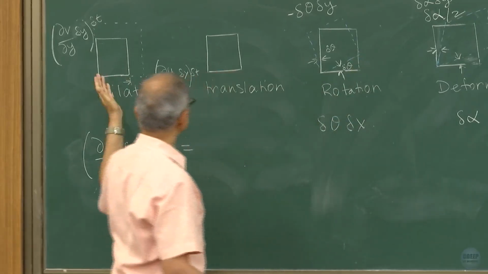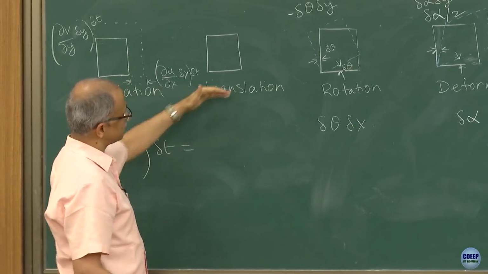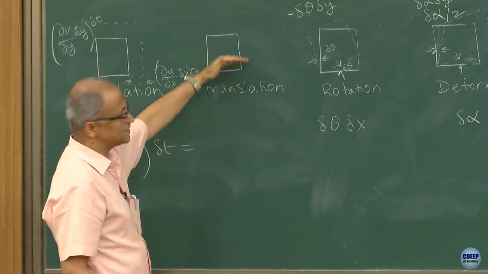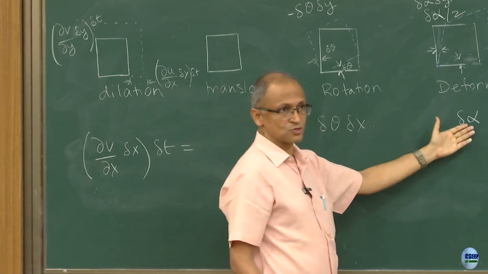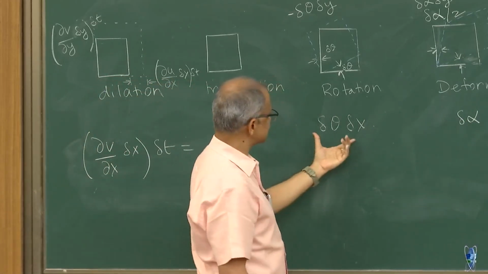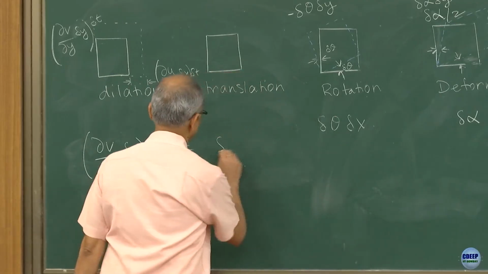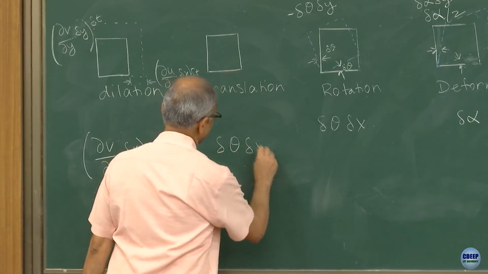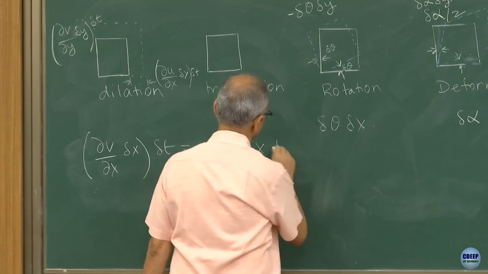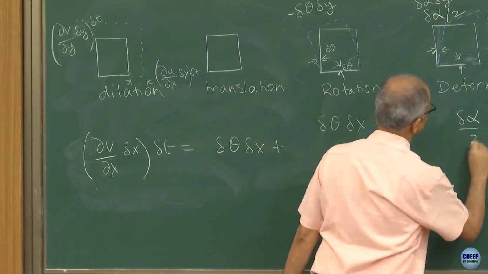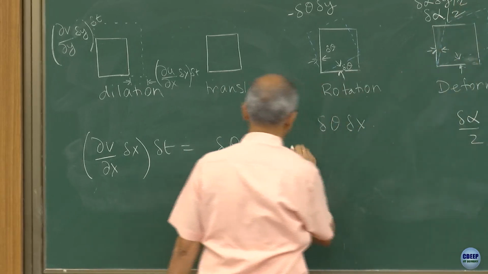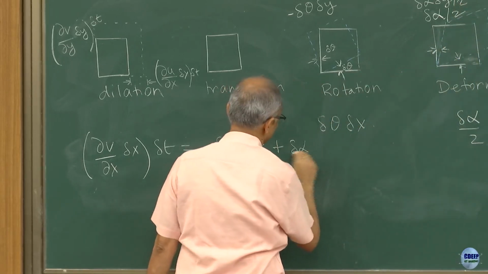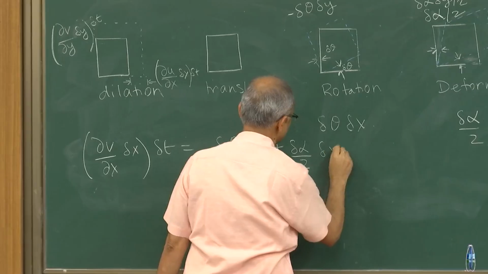You can see that there was no contribution to the movement of point B along the y direction from these two modes. So it is only coming from these two modes, and how much is it? It is delta theta times delta x plus delta alpha upon 2 times delta x.